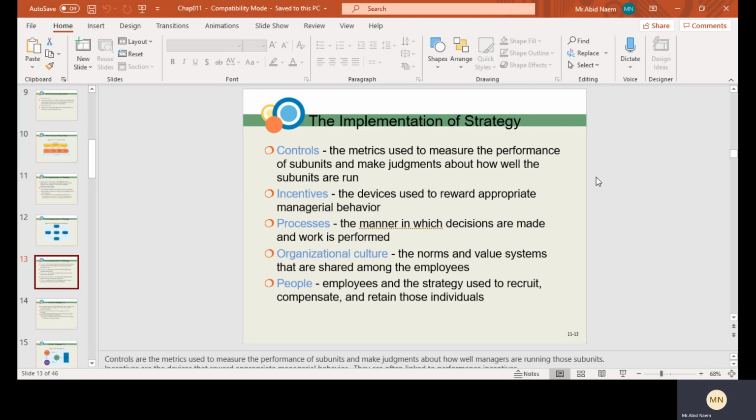Personal interest should never be superior to organizational interest. Processes are the manner in which decisions are made and work is performed within the organization. And then, second last, we have to develop organizational culture, that is the combination of norms and value systems shared among the employees of a department, organization or subunit, and most importantly the people, because they are the driving mechanism of any organization. Employees: the strategy used to recruit, compensate and train those individuals who are part of your workforce.